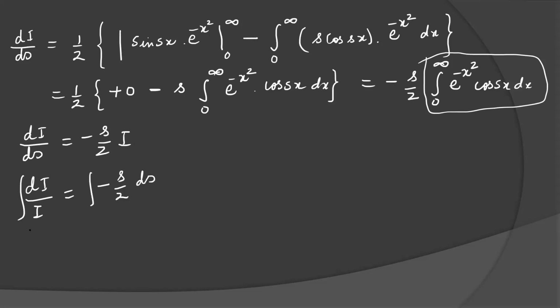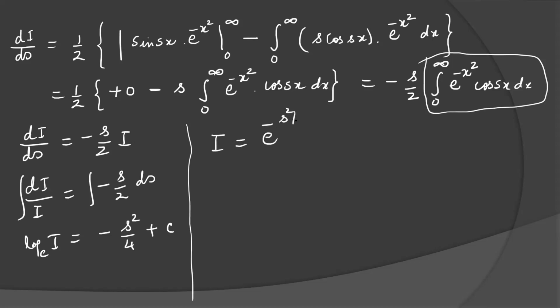Now if you integrate both sides, it will give you log I is equal to minus s square by 4 plus a constant c. So I will be e to the power minus s square by 4 plus c. That can be written as e to the power c into e to the power minus s square by 4. Here e to the power c is again a constant, call it c dash, so I is c dash e to the power minus s square by 4.